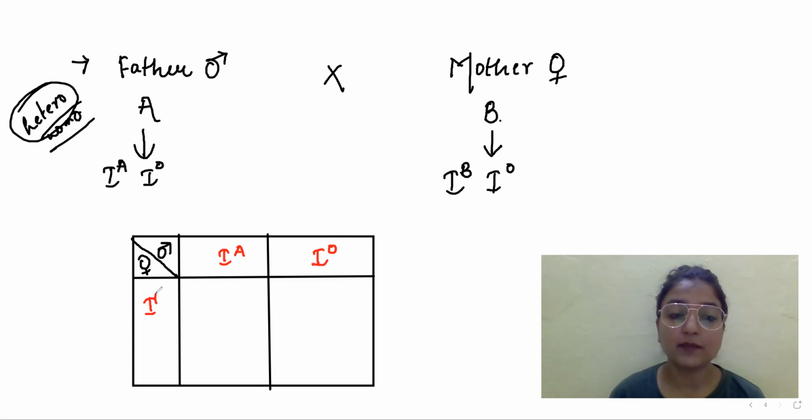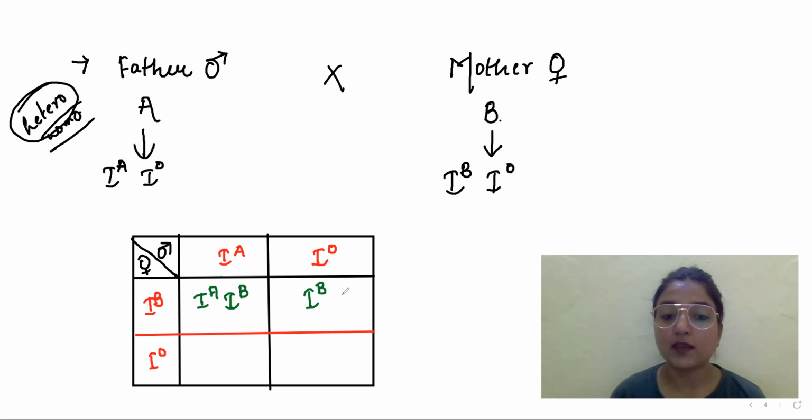For the mother, it is IB and IO. So here the possibilities can be: IA and IB cross and make IAIB. The second possibility is IBIO. The third possibility is IA and IO, so IAIO. The fourth is IOIO.